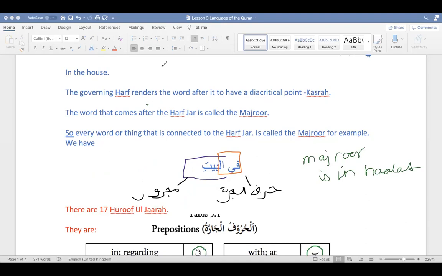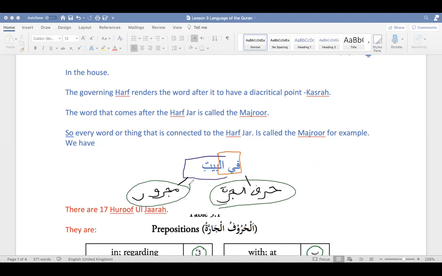And when we do, inshallah, we're going to go into different types of halat. I've answered that just because it was asked. So majroor is in the halat of jar. And when you have your harful jar, the word that comes after it is majroor.